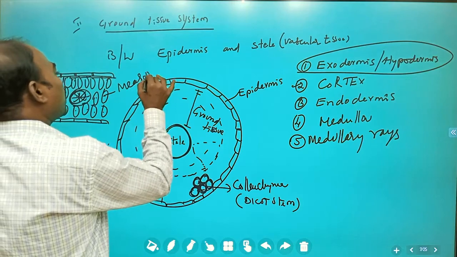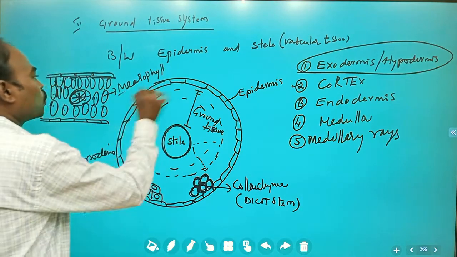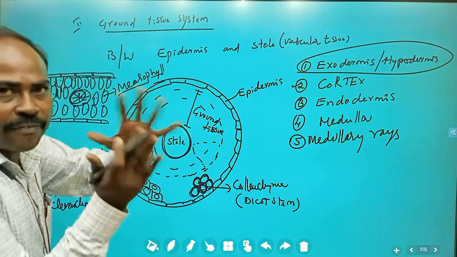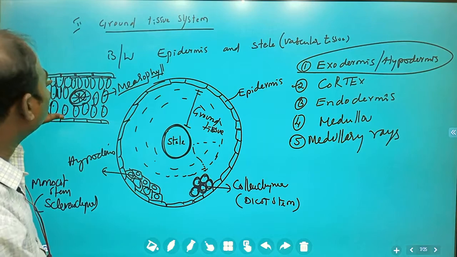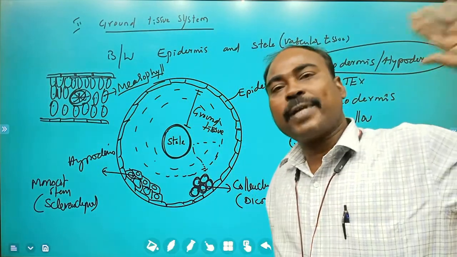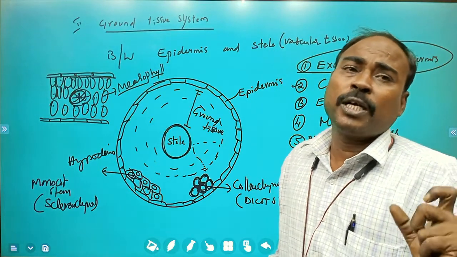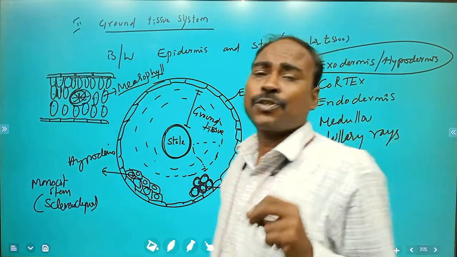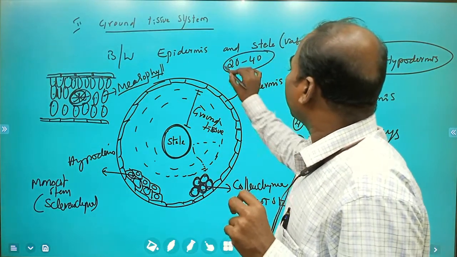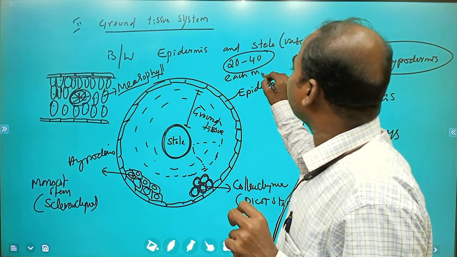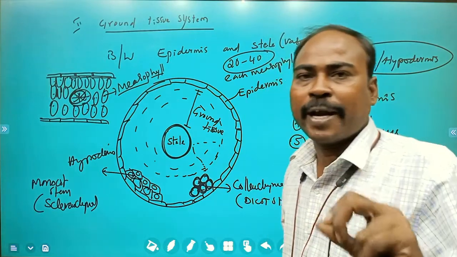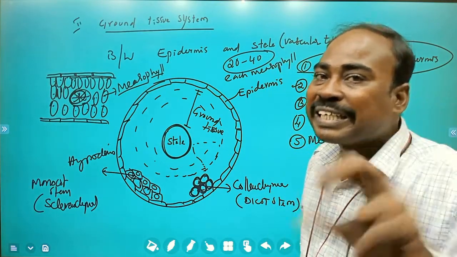Mesophyll cells. What is meso? Meso means middle. Phylla means leaf. In leaf, the middle portion is made up of parenchyma cells like palisade tissue as well as spongy tissue, which have abundant chloroplasts. Nearly 20 to 40 chloroplasts are found in each mesophyll cell, which mainly participate in photosynthesis.